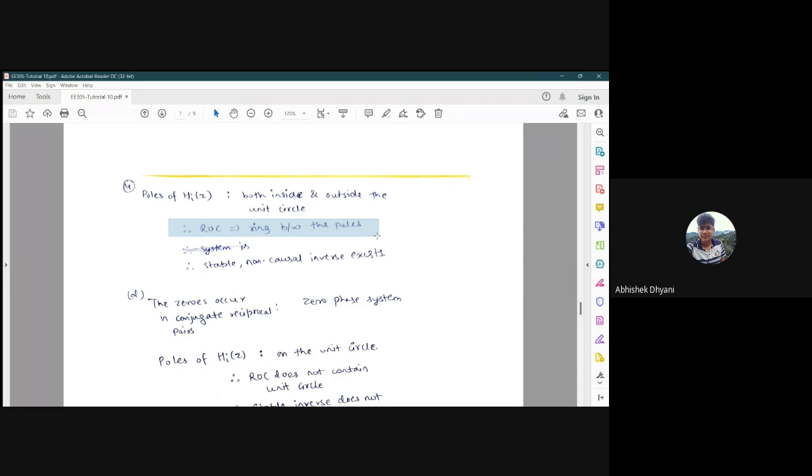One complex conjugate pair is inside and one complex conjugate pair of poles is outside. So the ROC contains a ring that includes the unit circle, and that is why it is stable. But it is non-causal because it is not outside the outermost pole. So Hi(z) will be stable but non-causal.